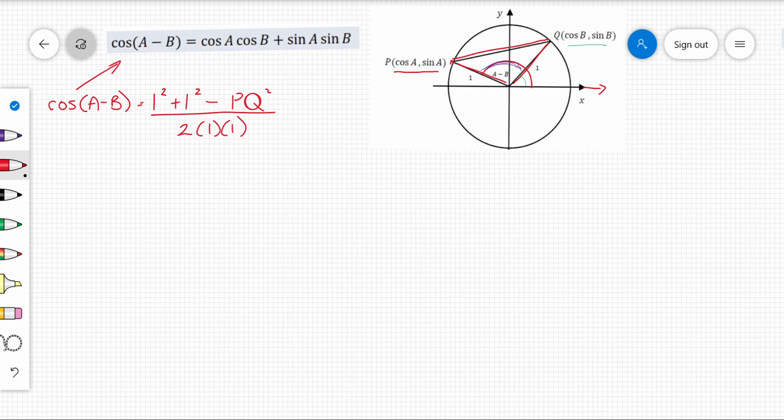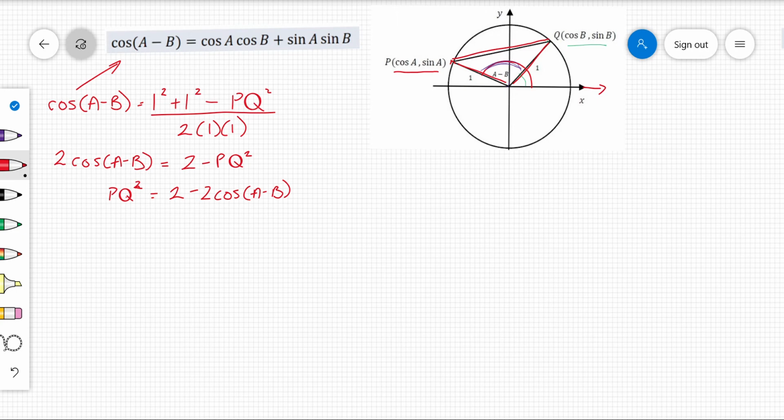So of course the bottom is 2, so I'm going to just put the 2 over here, so we've got 2 cos(A minus B) being equal to 2 minus PQ squared. Now if I make PQ squared the subject, I've got 2 minus 2 cos(A minus B) over this side. Alright, so that's using the cosine rule to find the distance PQ, or PQ squared.